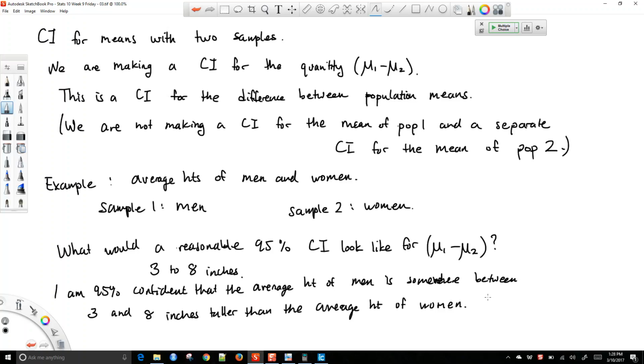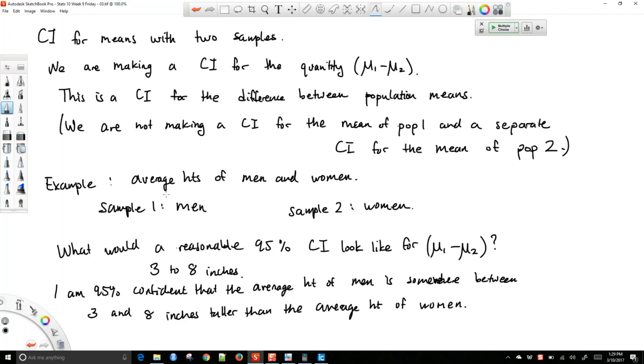And I think we would agree that overall, on average, men are taller than women. So our confidence interval might be something like 3 to 8. Notice we did not make a confidence interval for the average height of men or a separate one for the average height of women. We're making a confidence interval for the difference itself.